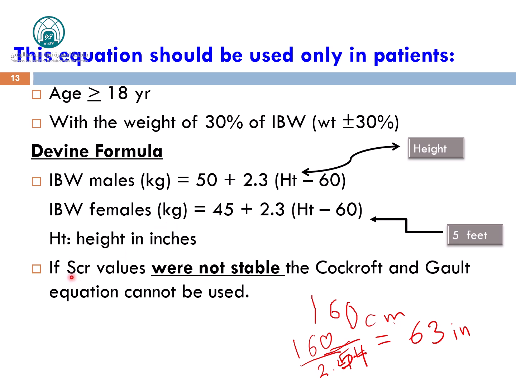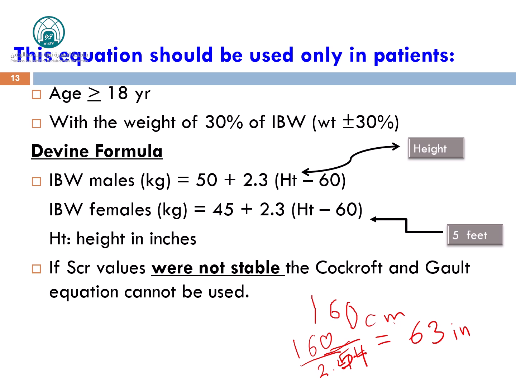If the serum creatinine values were not stable, the Cockcroft and Gault equation cannot be used. So we have three conditions that are a must for application of the Cockcroft-Gault equation. First of all, it applies to patients aged above or equal to 18 years.